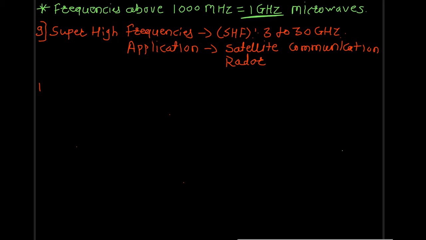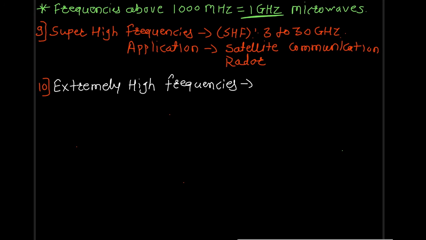Next one, extremely high frequencies, which is abbreviated as EHF. The range for this frequency is 30 gigahertz to 300 gigahertz.